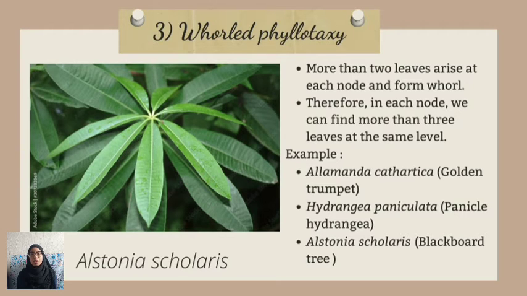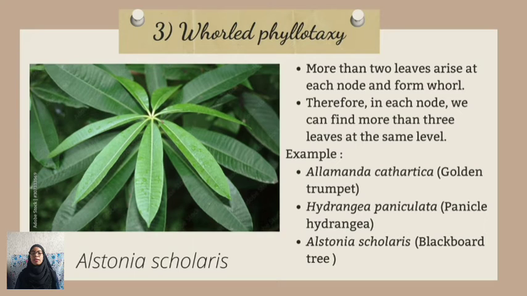As in the picture I share with you, we can see there are more than 3 leaves in each node, which consists of about 7 leaves. You can see that there are 7 leaves here and they form a whorl. This is what we call whorl phyllotaxy.